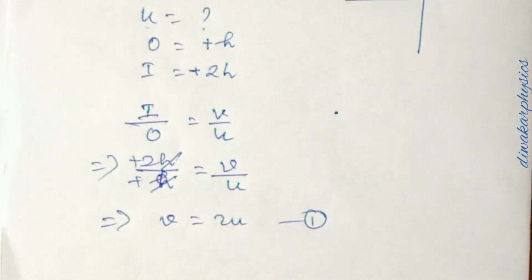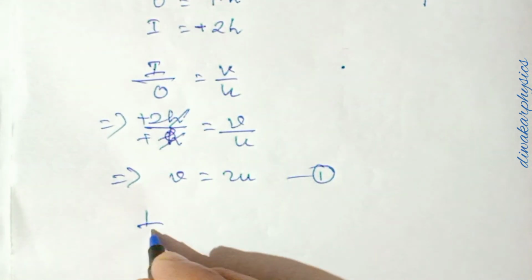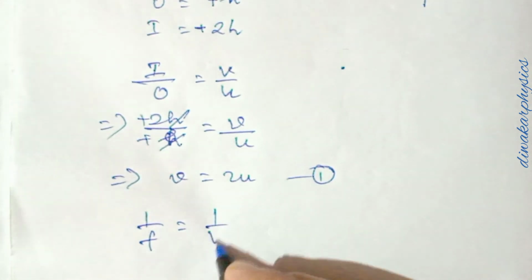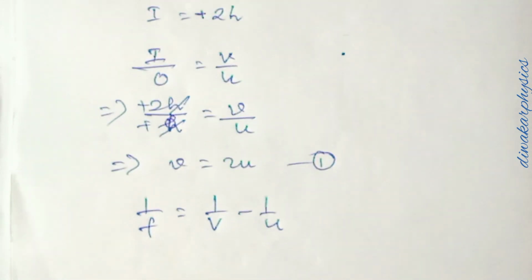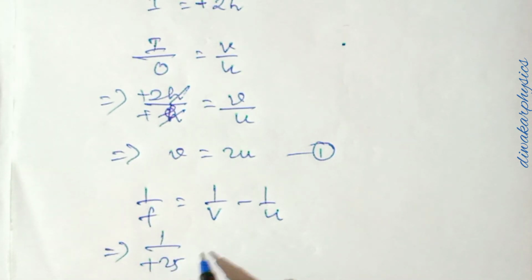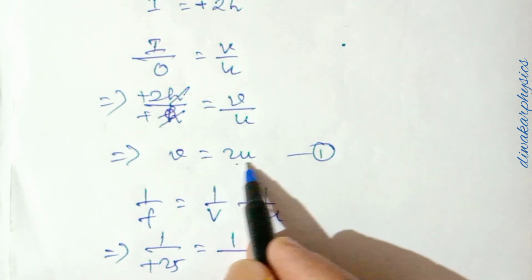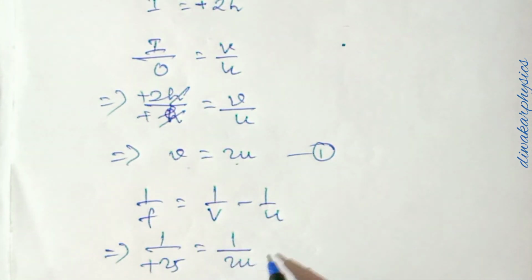So here we have got the relation between v and u. Now we'll take the formula 1 by f is equal to 1 by v minus 1 by u. Then 1 by plus 25 is equal to 1 by v, and this v can be written as 2u, minus 1 by u.